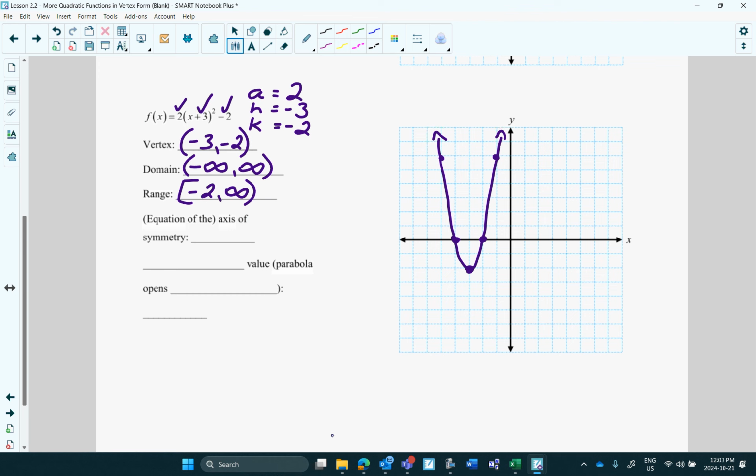Equation of the axis of symmetry: X equals, go to the X vertex, -3. Maximum or minimum, Y equals -2. And then we just have to fill in the rest. Min or max? Min because it opens up. Min goes with up, max goes with down.